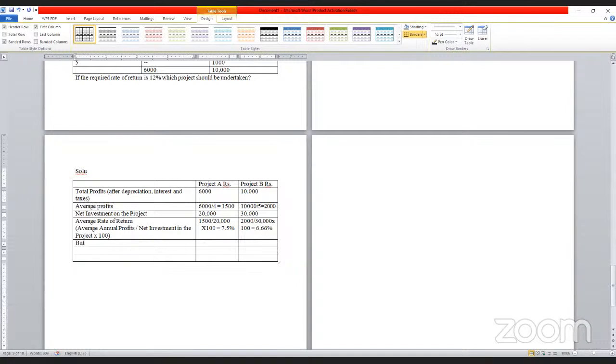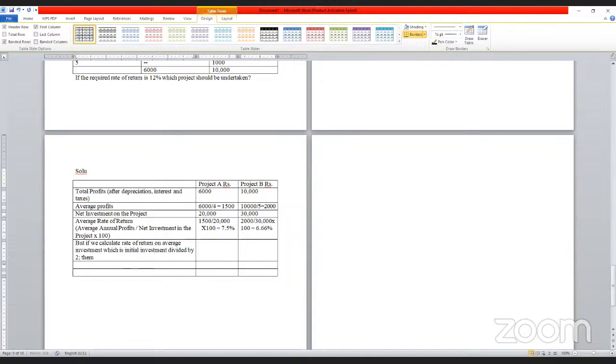But if we calculate rate of return on average investment, which is initial investment divided by 2.